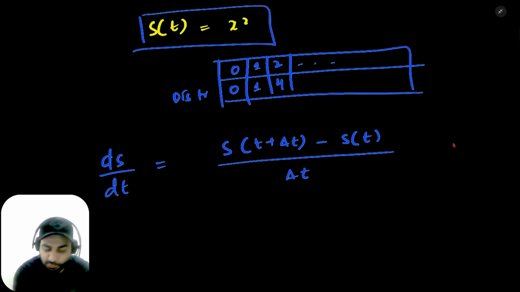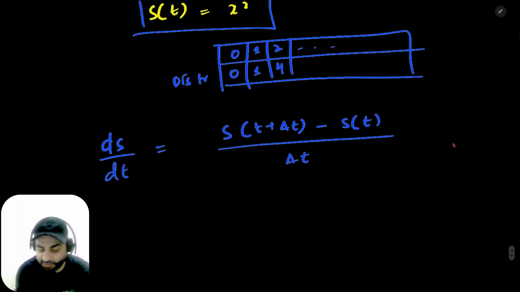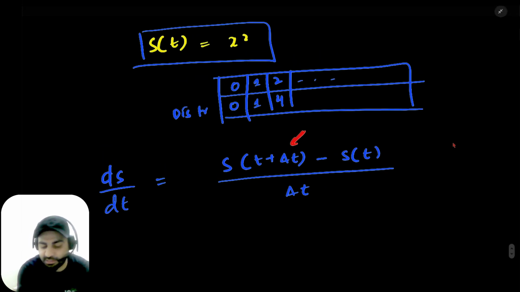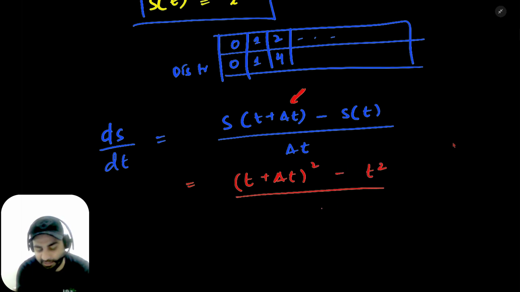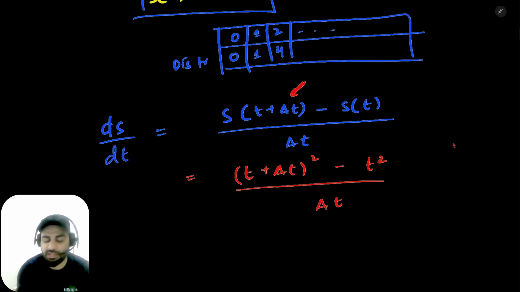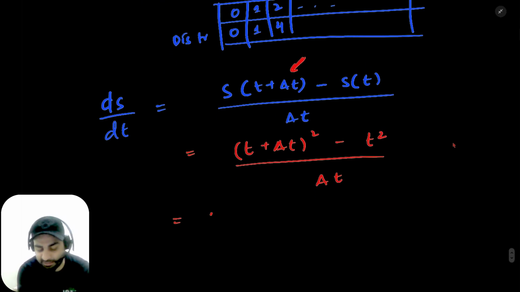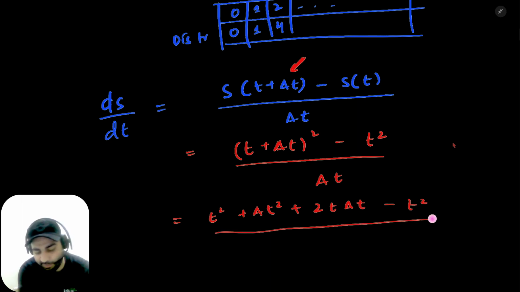Now I know s of t is x square, so I can represent this as t plus delta t square minus t square, divided by delta t. So this I can expand. Here I can write it like this: a square plus b square plus 2ab, minus t square, divided by delta t.